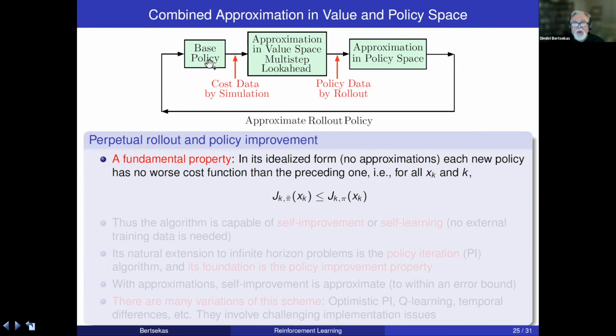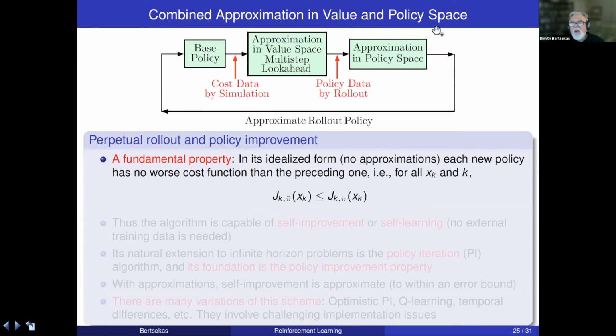So from a policy, we go to an approximation in value space, and from approximation in value space, we obtain a new policy by training a classification or policy gradient or whatever you want to use, and then that gives you a new policy which you can use as the new base policy at the next iteration.